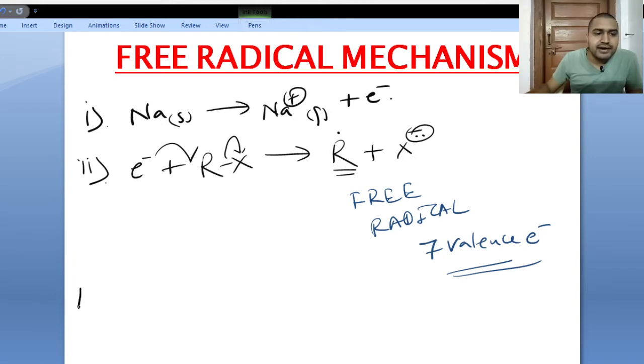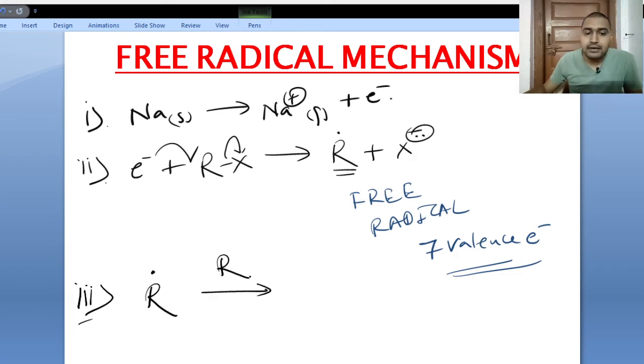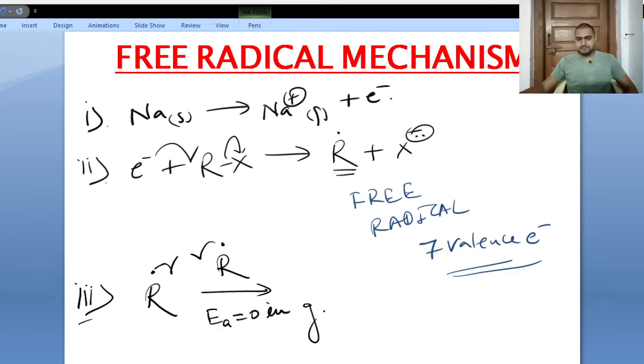Now in the third and final step, this generated free radical combines with another free radical generated in the reaction, and it requires 0 activation energy in gas phase.